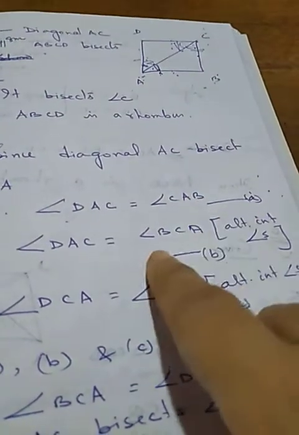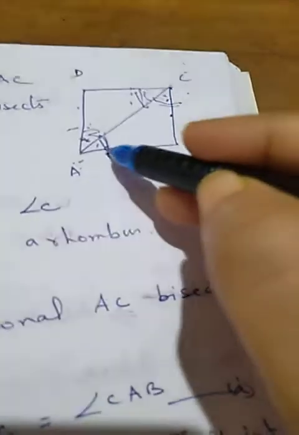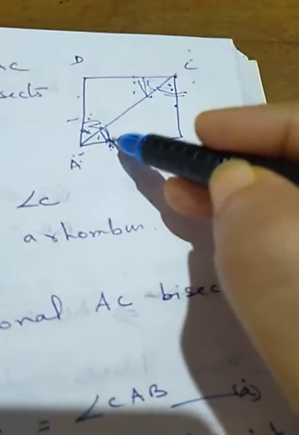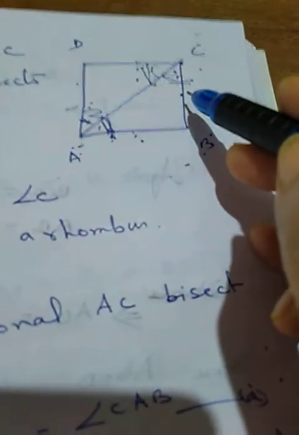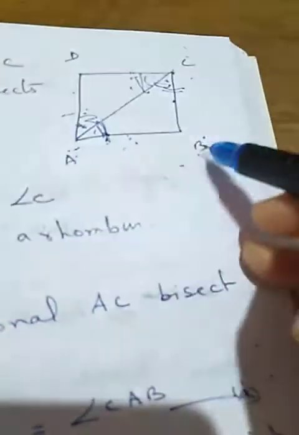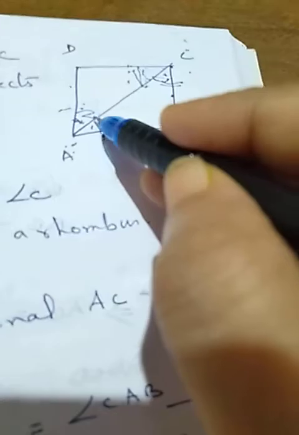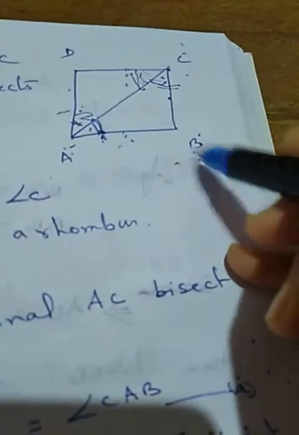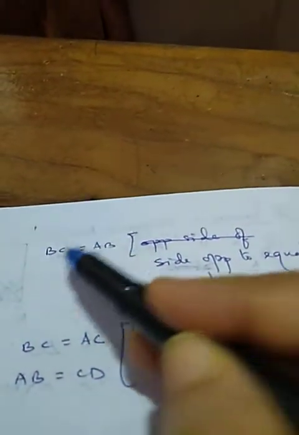That means CAB equals BCA. So since in this triangle these two angles are equal, therefore, you know, sides opposite to equal angles are equal. The side opposite to this angle is AB, and the side opposite to this angle is BC. That means we can write that AB equals BC.